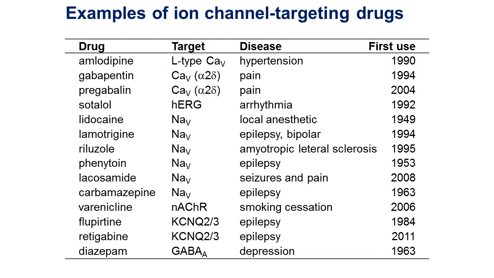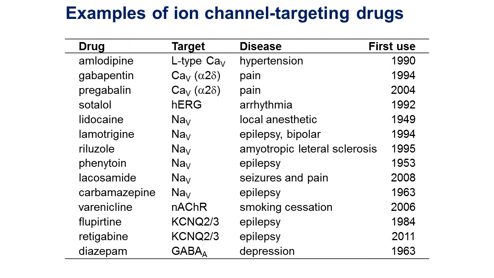Ion channels are a really important class of drug targets. So apart from GPCRs, which are the largest class of drug targets, ion channels, that is ligand gated and voltage gated ion channels combined, are the second largest class of drug targets.